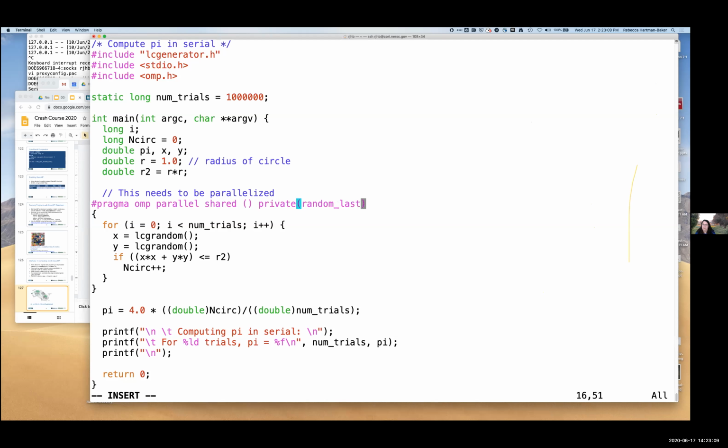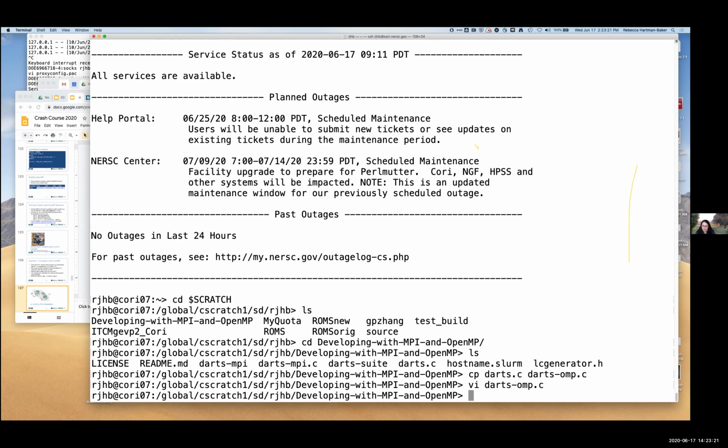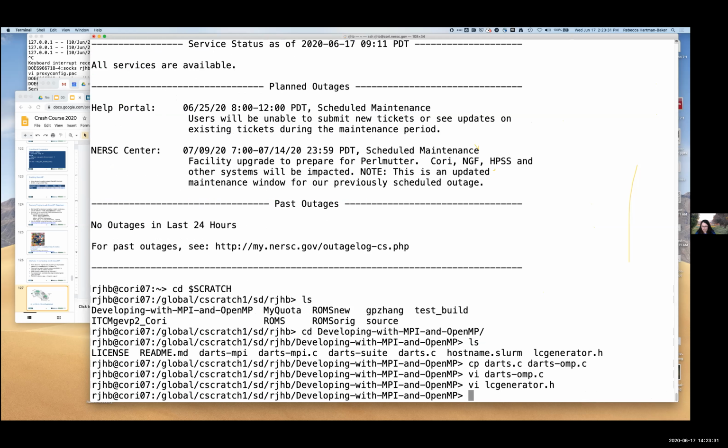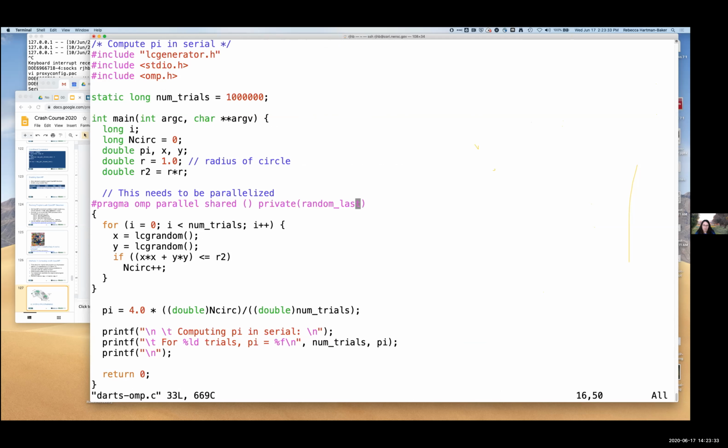We discussed that. Random last needs to be private. Is that what it was called? I'm suddenly having my doubts here. Let's just look. Yeah, random last. Okay, good. I remembered the name correctly.